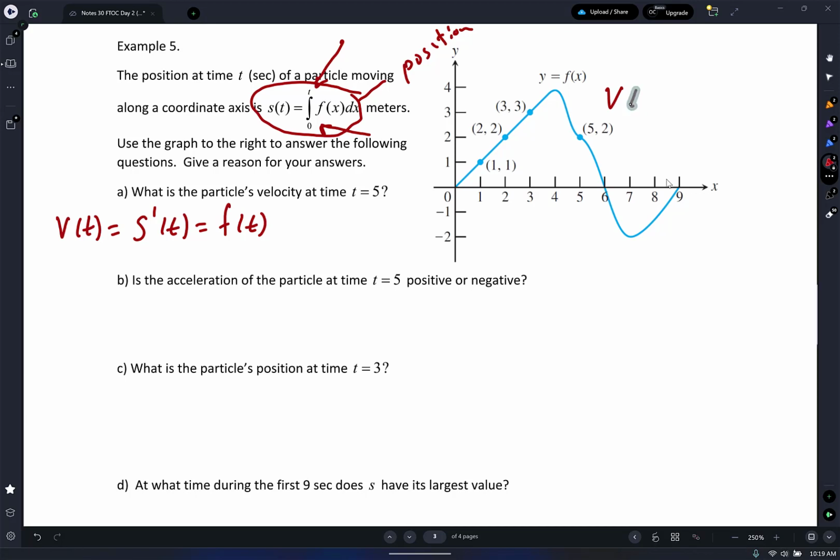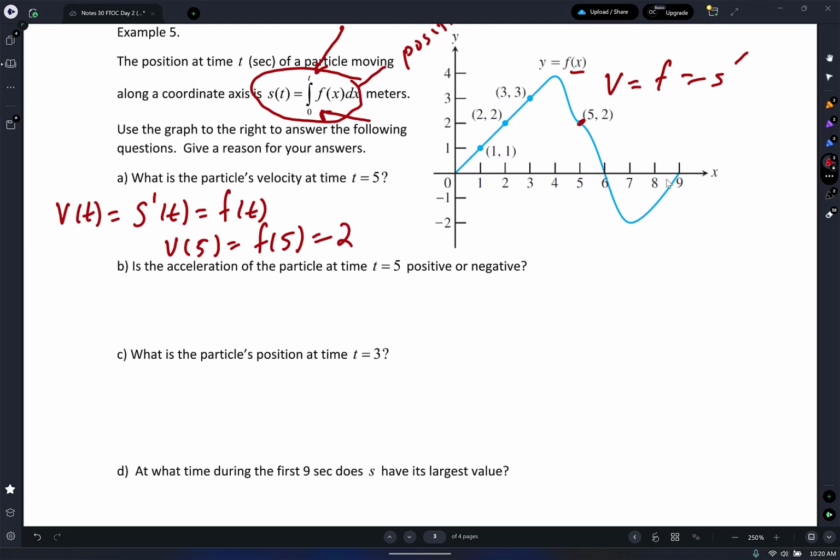So no one fights about what letter it is, I'm just going to write v equals f, which equals s prime. Are we cool? Nothing crazy, right? All right, here we go. My velocity at 5 is nothing more than f of 5, which is 2. Done, that's it. This is my velocity graph. Cool or not cool? Okay.